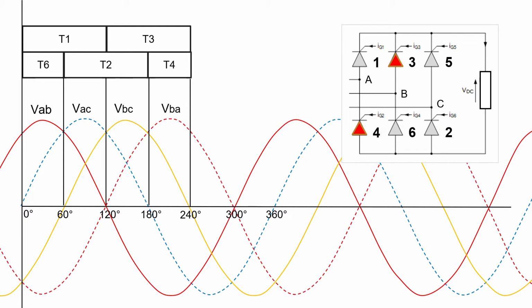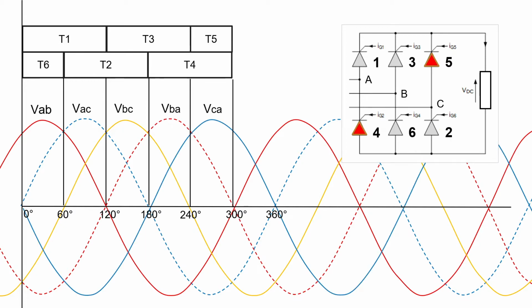For the next interval 240 to 300 degrees, T4 is kept the same and T5 is brought in. So the output voltage is VCA. For the next interval 300 to 360 degrees, T5 is kept the same and T6 is brought in. So the output voltage is VCB.